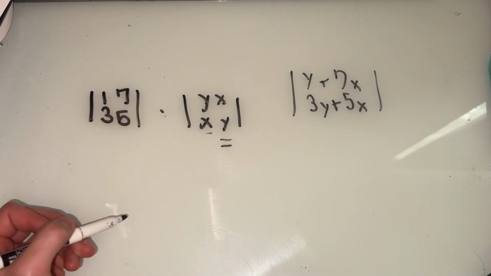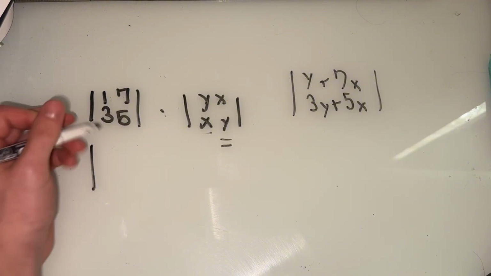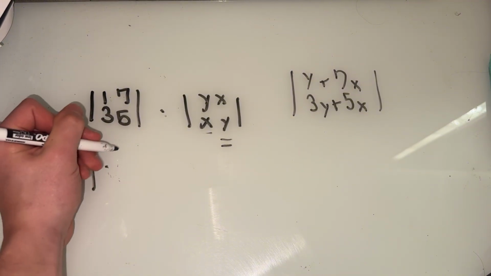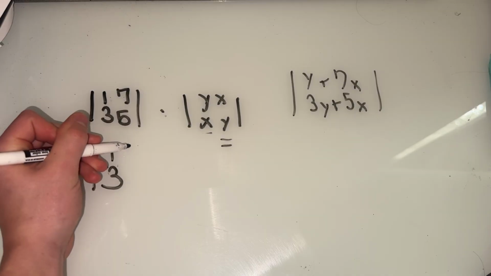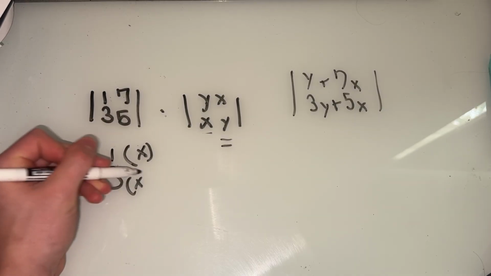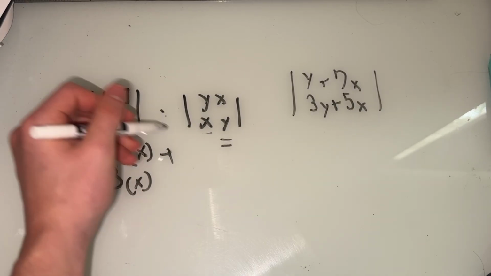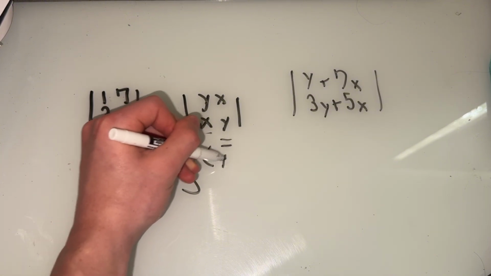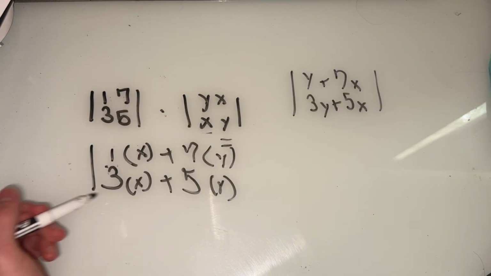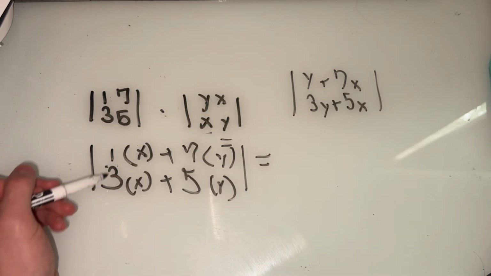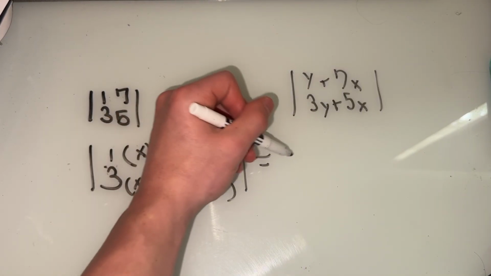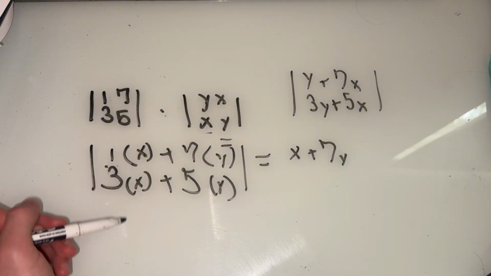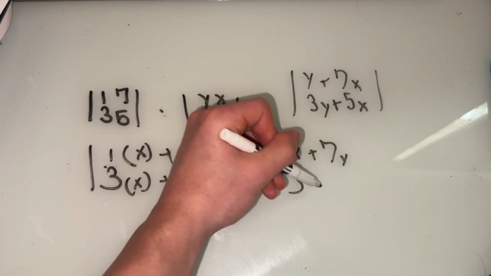Next, we're going to worry about this last column. So 1 and 3 times x plus 7 and 5 times y. So x plus 7y and 3x plus 5y.